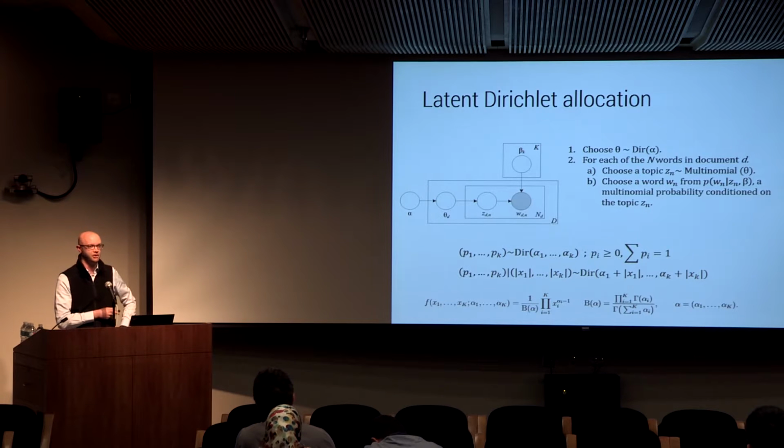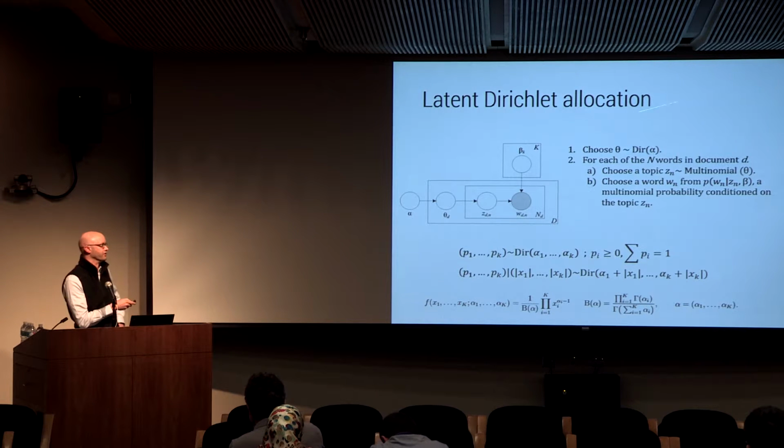So now we have some multinomial theta D, so that defines the mixture of topics within the document. And then to generate actual words, we sample this multinomial. So if we have 10 topics and we sample this, we'll get some index between 0 and 9. And then we'll go up here and we'll say, okay, give me topic 5 or whatever we sampled, and we'll generate a word from that. And by this process, we can generate documents and entire collections.